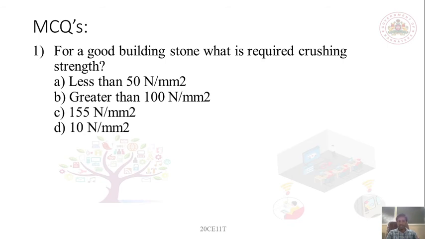If I choose greater than 100 Newton per mm square, then 155 is also covered there. That is why the best quality stone should have greater than 100 Newton per mm square. It may be 155, 160, 110, 105, whatever it may be. It should be more than 100 MPa. So the right answer is B, greater than 100 Newton per mm square.